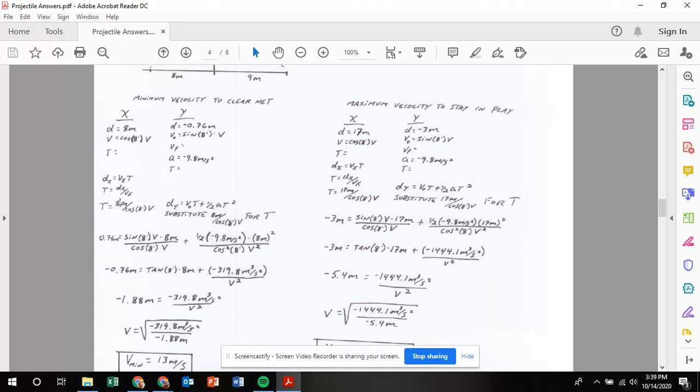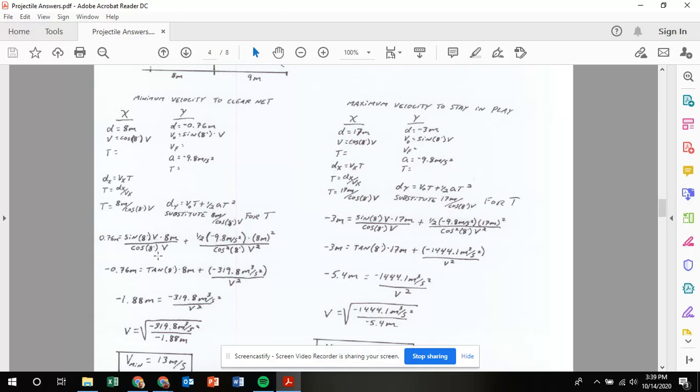Taking our time in the x direction, which is the distance, 8, divided by the velocity, cosine of 8 times velocity, and plugging that in for time and for time squared, I'm going to end up with an equation: dy equals v naught times t, 8 over cosine 8v, plus 1/2 a, 8 squared over cosine squared 8v squared.